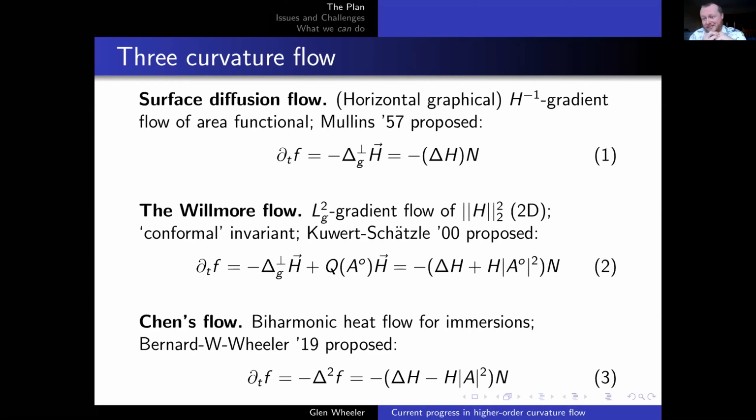similar techniques fail. So this has been a very big challenge for Chen's flow, because the nonlinearity is such that a lot of the previous methods, the test functions that we use, the specific techniques, they don't work. So we had to use something different. And in fact, it's more similar to mean curvature flow than to surface diffusion.